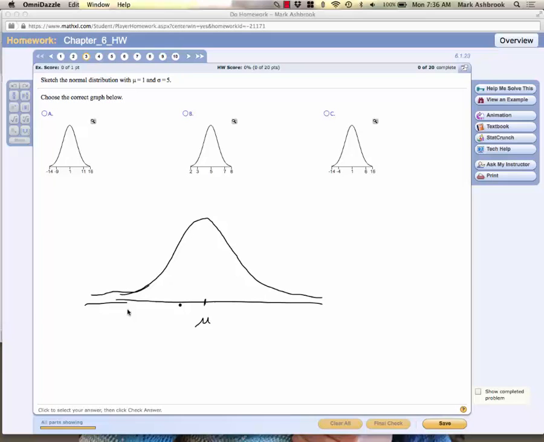Do you remember? 68%. Okay, so that's something like this. So within that range right there, that's 1 standard deviation. It's not the best drawing. But that area right there and that percent of the data is 68%.